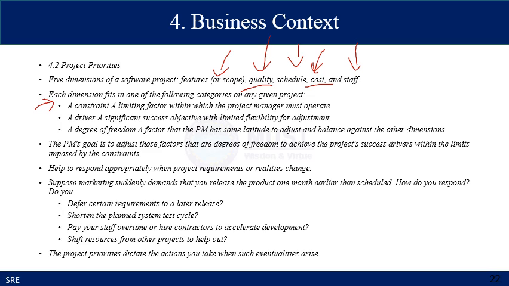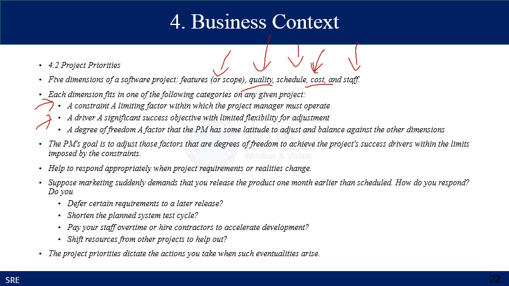A priority can have a driving force, a significant success objective with limited flexibility for adjustment. It can also have a degree of freedom, which is a factor that a project manager has some latitude to adjust and balance against the other dimensions.